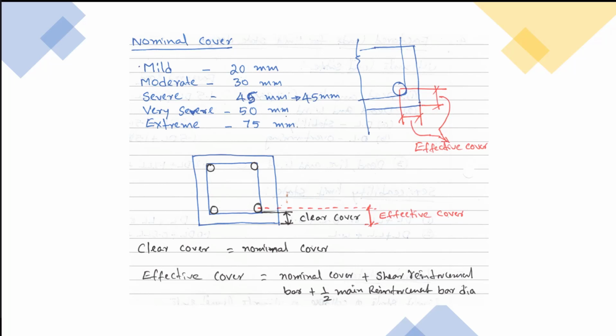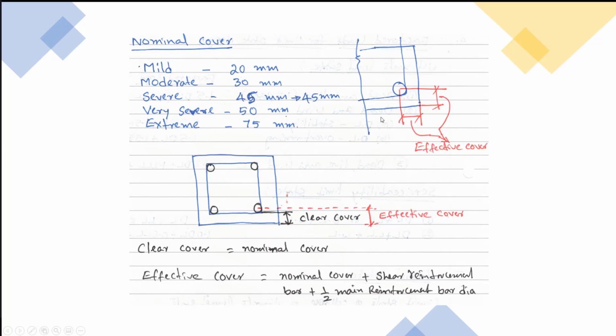So for mild exposure, that means the environmental conditions to which your structure is exposed. What is the environmental condition? For example, if your structure is at the seashore, exposure to the sea will impact corrosion more compared to a building constructed somewhere away from the seashore. So if it is a mild exposure of the environment, 20 mm is the minimum cover required.